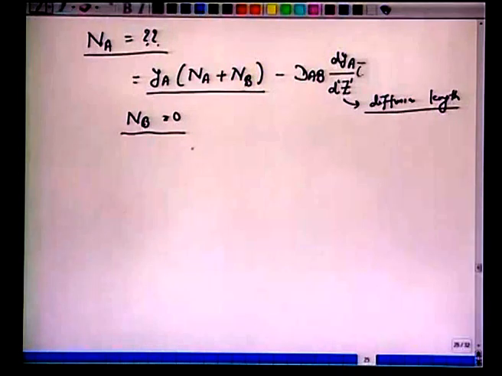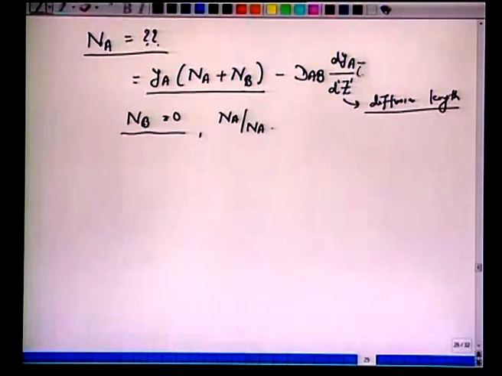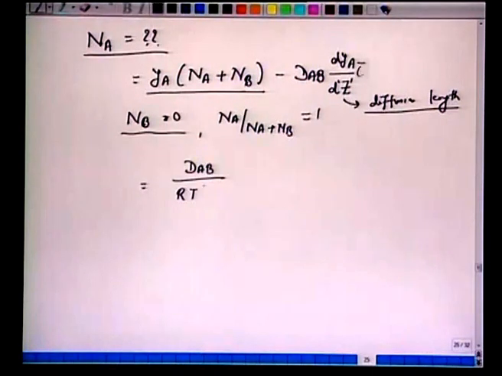Again, this is a similar exercise which we did in our first couple of lectures. Na by (Na plus Nb) will be 1, and this Na can be shown to be equal to DAB PT over RT Z, where this Z is a diffusion length, not the height of the column, times ln of (1 minus y2) over (1 minus y1).